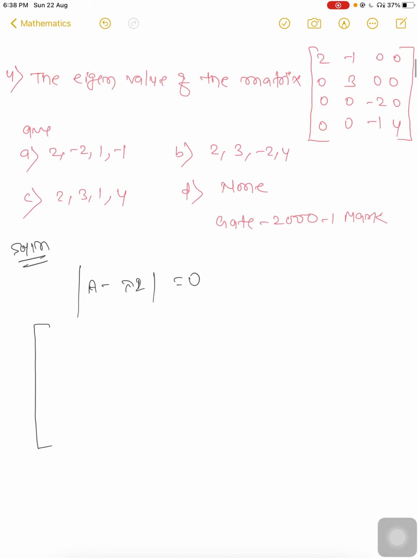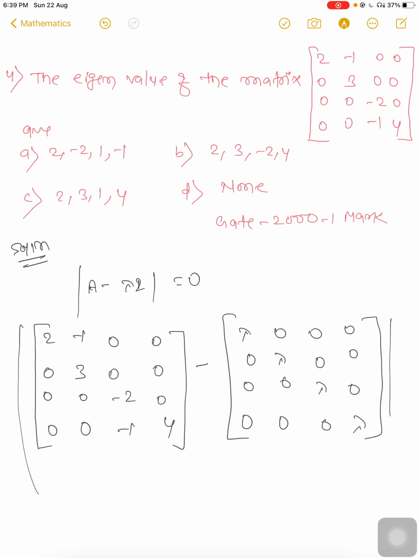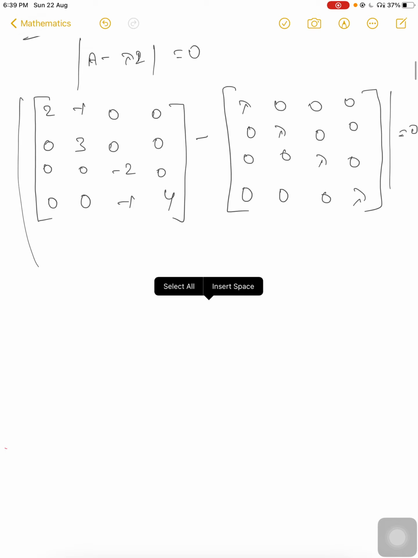The matrix is given: 2 0 0 0, minus 1 3 0 0, 0 0 minus 2 minus 1, and 0 0 0 4, minus lambda I, with lambda on the diagonal. The determinant is equal to 0.